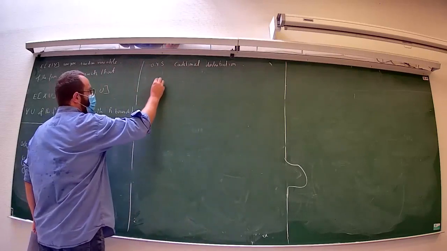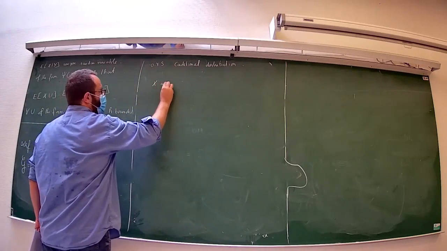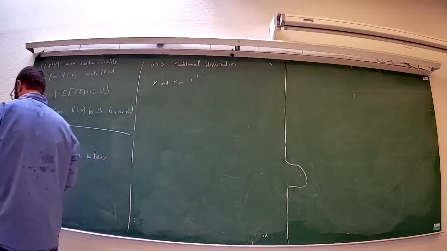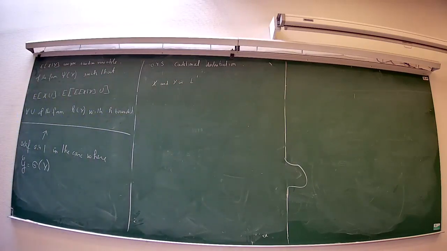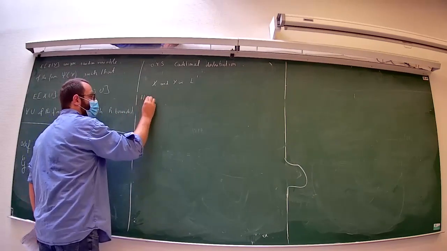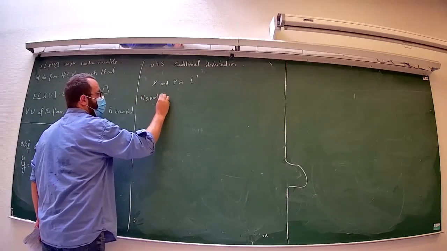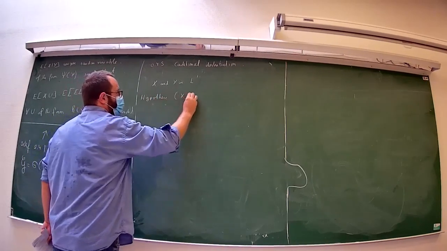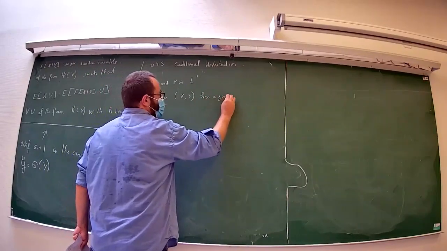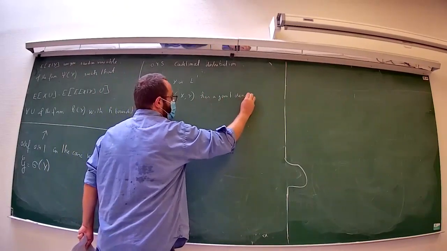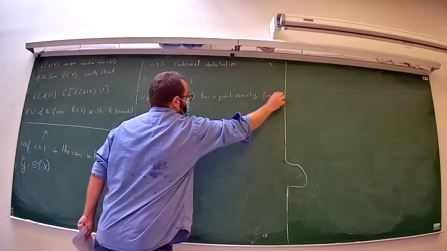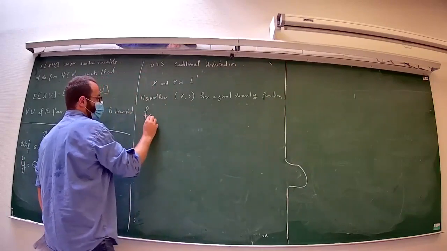So I suppose that I have once again x and y in L1. And the hypothesis here, that I didn't have in the previous case: the pair (x,y) has a joint density function that I denote by f.